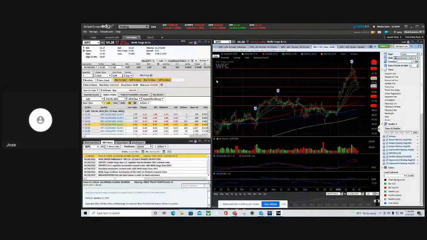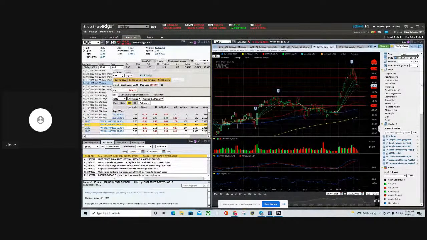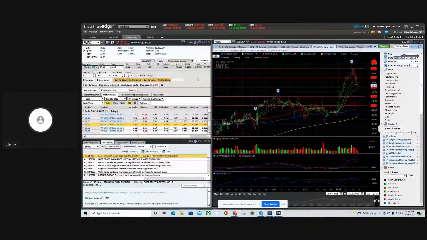If I was to do that on something like this, and this would be a multi-day swing, I would want to take enough time on this, at least 30 days. You can see the closest one is February 18. So for swings on individual stocks, I would take at least 30 days out.